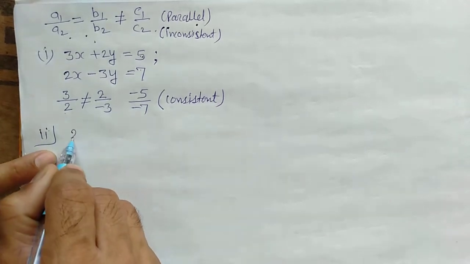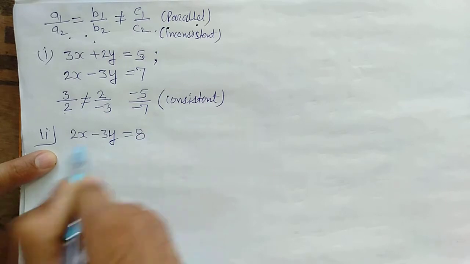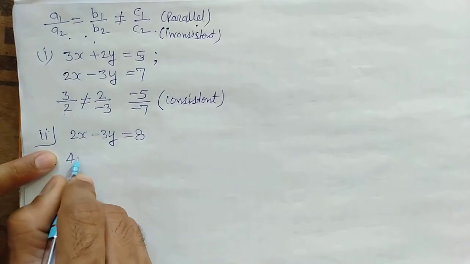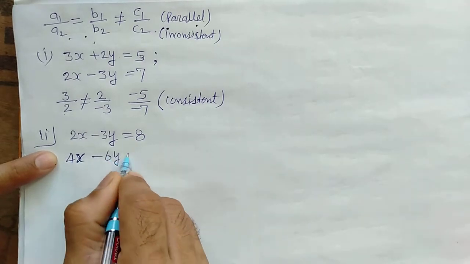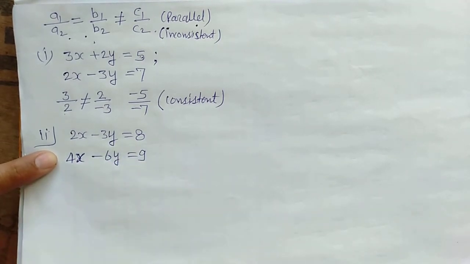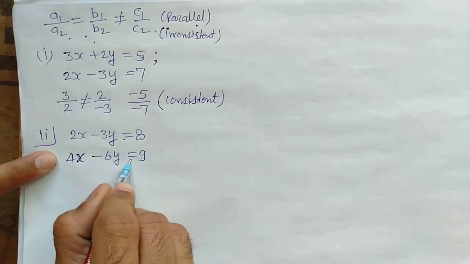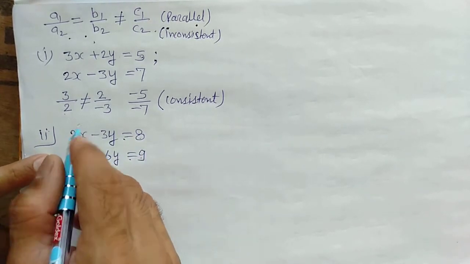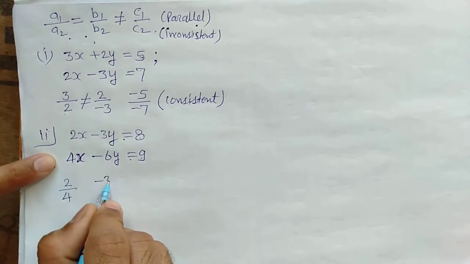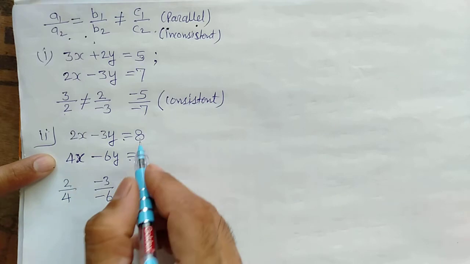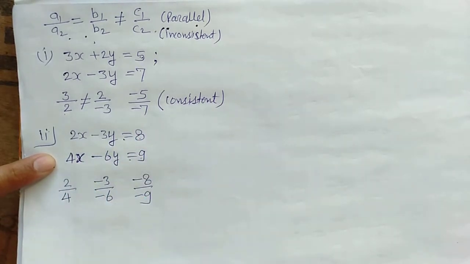Number 2 is again 2x minus 3y is equal to 8, and the second equation is 4x minus 6y is equal to 9. Change, this 8 will come to this side, this 9 also will come to this side. So now see, 2 upon 4, this one minus 3 upon minus 6, and this one when we transpose, minus 8 upon minus 9.